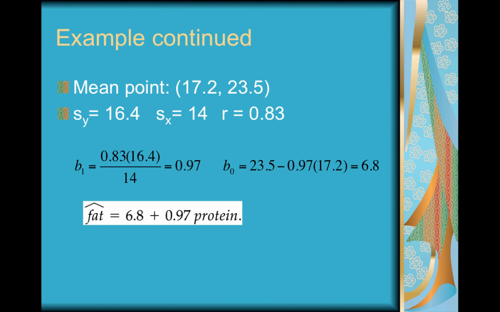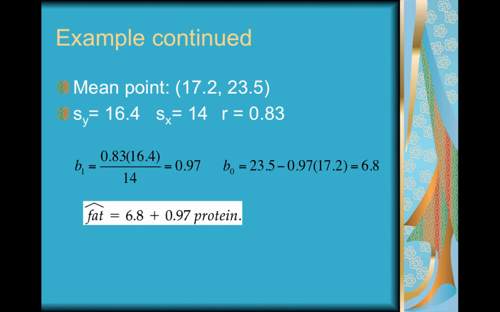To calculate the y-intercept, once we have our slope, we just plug it into the previous equation. We take the mean y variable minus our slope times our mean x variable, and we end up with 6.8. The reason we can use the mean point is that we know the line of best fit will always cross through the mean point, so we know that point is on our line.